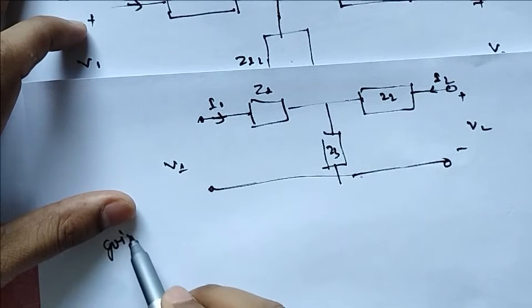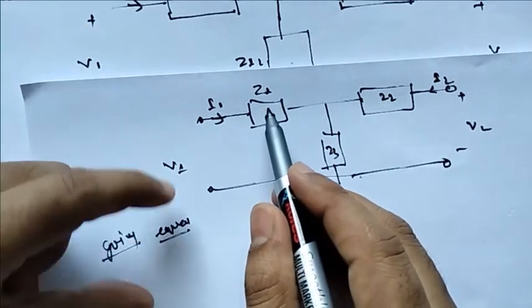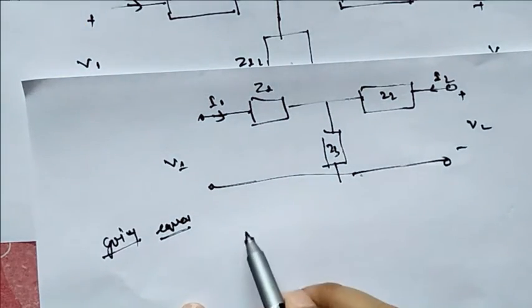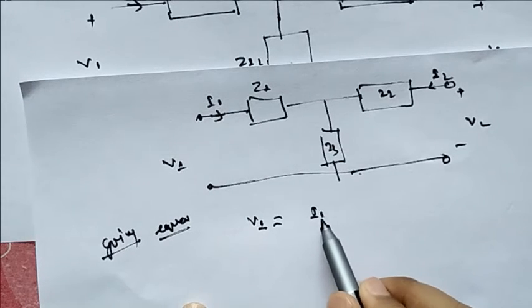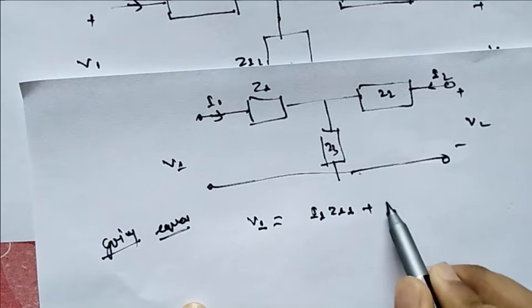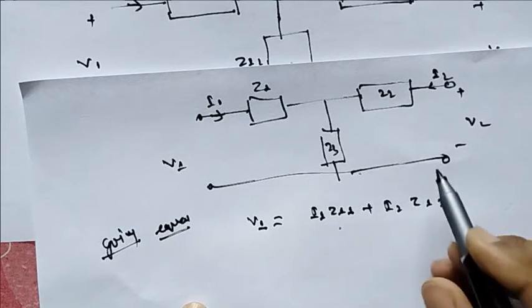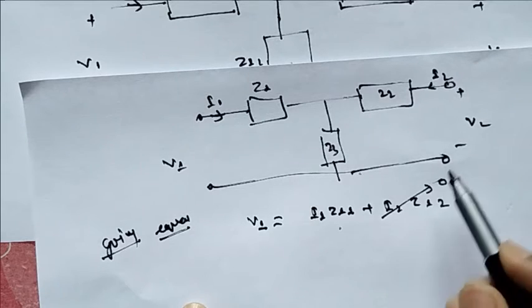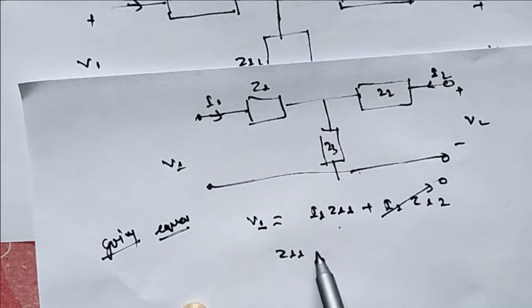Going the equation way, V1 is nothing but I1 Z11 plus I2 Z12. Now we need to find Z11. For that, I2 will be 0, meaning it will be open circuited at I2, and Z11 will be V1 by I1.